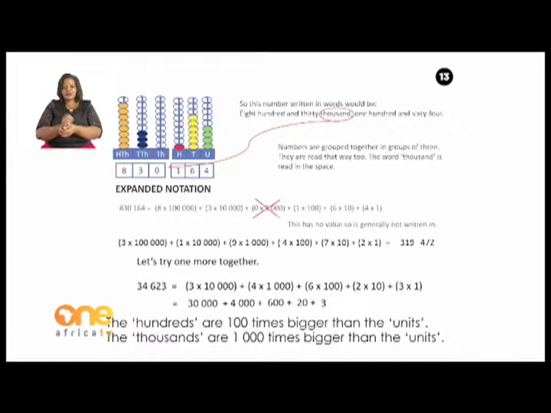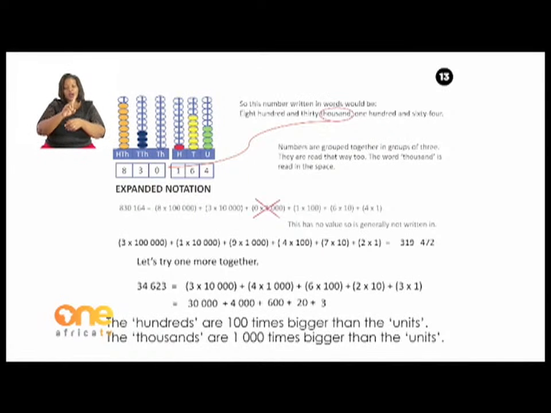Now our third terminology is expanded notation. If you have to write that number in expanded notation, you take a digit, for example 8 in the place of 100,000, and you multiply that with 100,000.